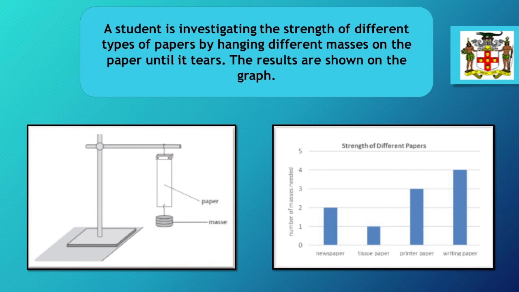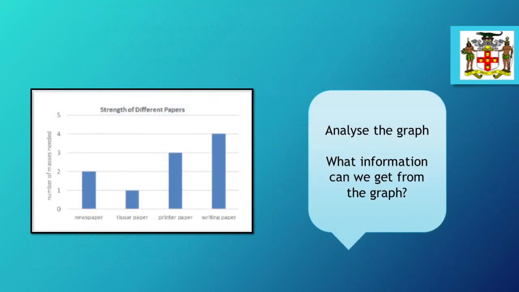So let's examine the graph a bit closer. Now, when given a graph, we should try to see what information we can get from the graph. So on the y-axis, we're given the different masses that are hanged on these different papers. And on the x-axis, that's the one going across, we're shown the different papers.